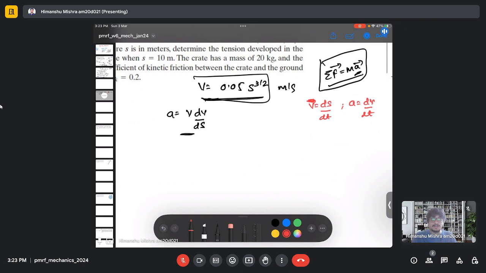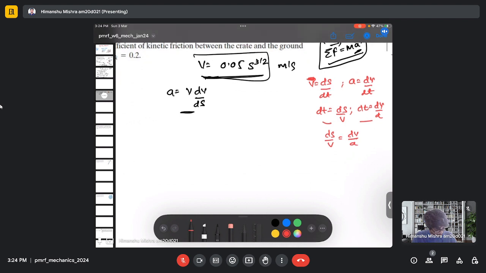Now if I eliminate the dt, I can write ds/v equal to dv/a, and equate these two expressions with each other. Then the acceleration will be v dv/ds.